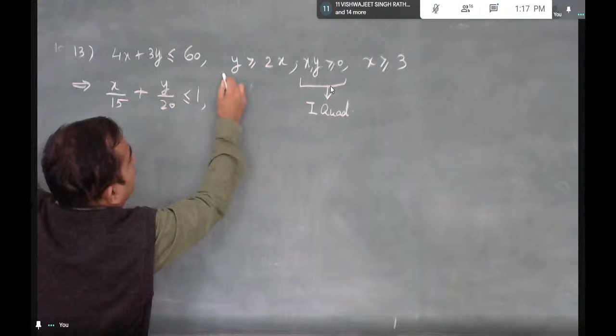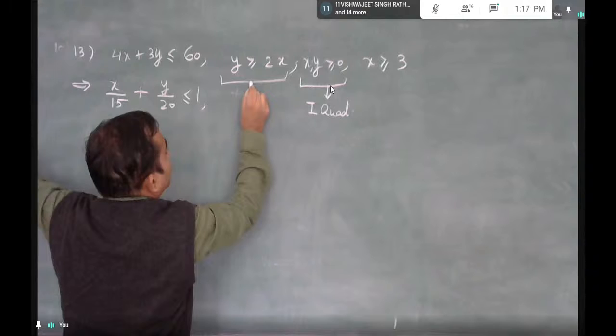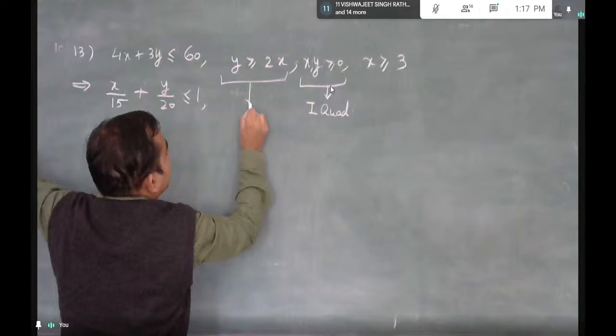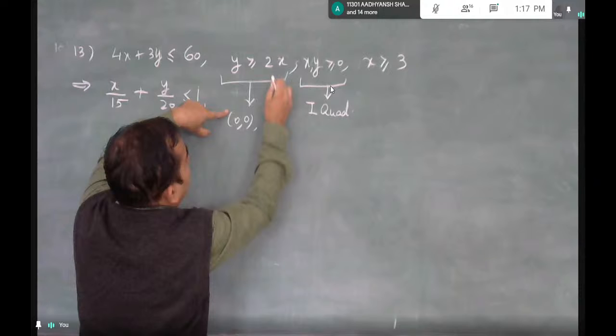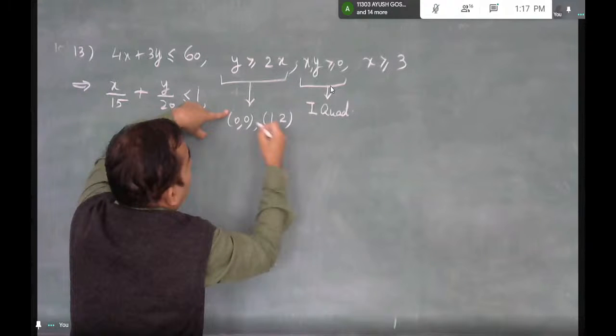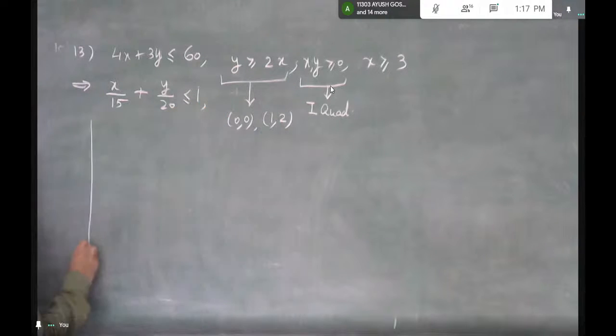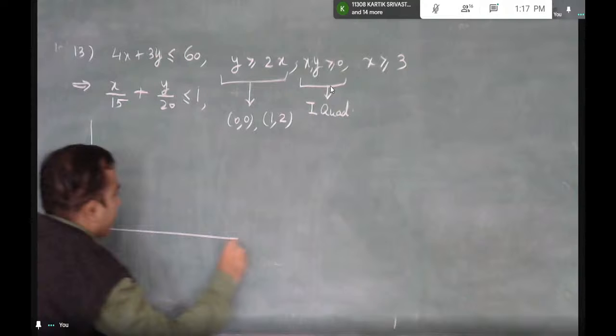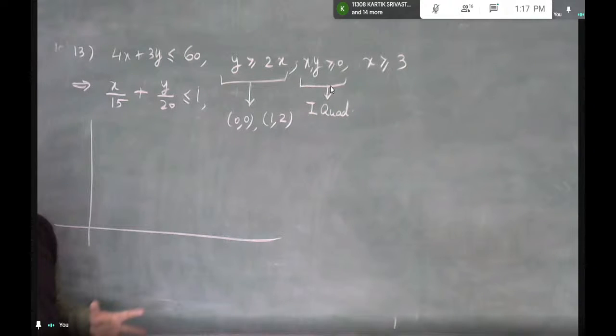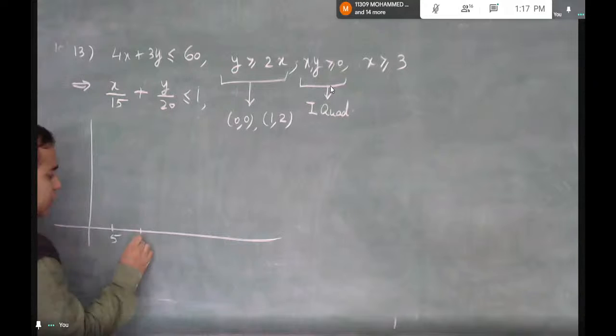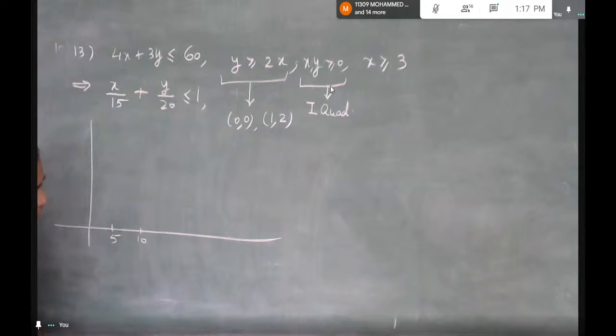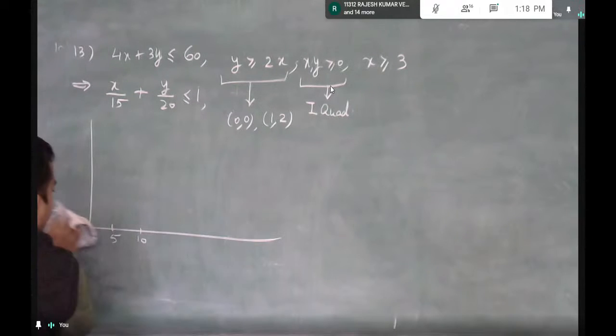Now I have to find two solutions for this line. One solution is x equal to 0, then y equal to 0, and for the other solution, if x is 1, y will be 2. Okay, let us draw it. And here also it is going up to 50, so I will take the scale like 5, 10. ये लाइन थोड़ी सी स्लैंट हो रही है, ठीक कर लेते हैं इसको.